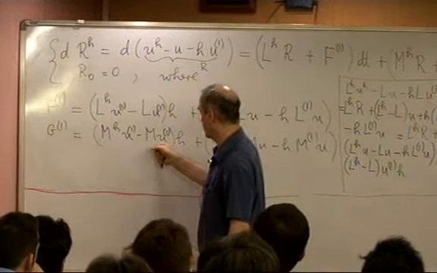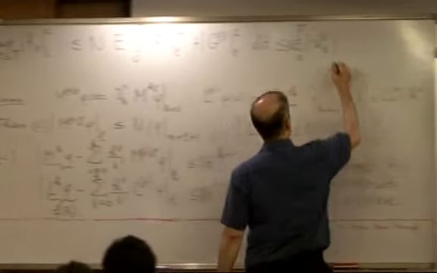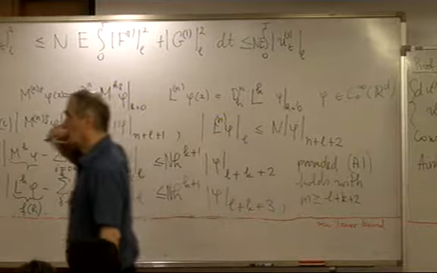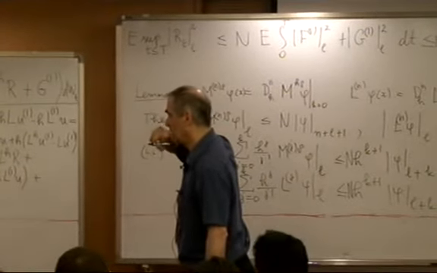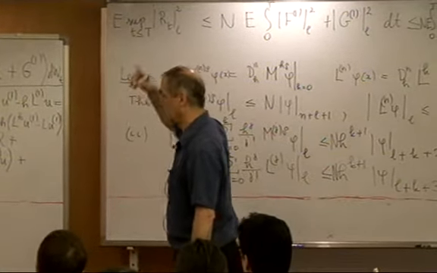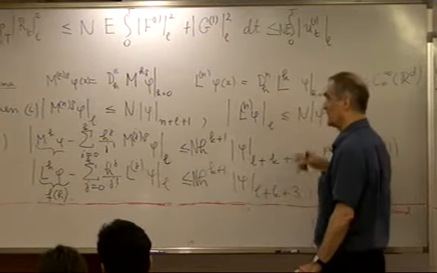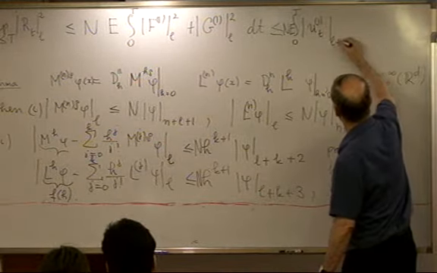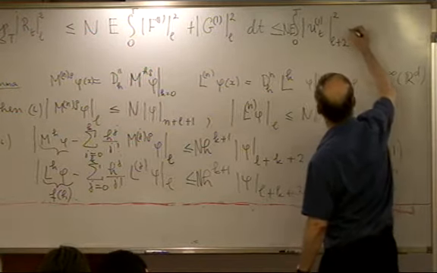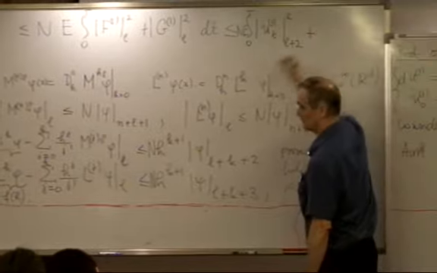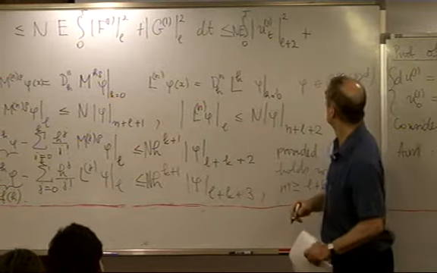L plus 1 plus 2 norm there. So L norm I take, then the derivative gives an additional 1, because of the difference, so an additional 1. So L plus 2 square dt plus H square.